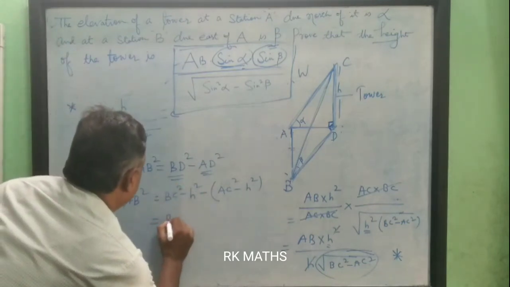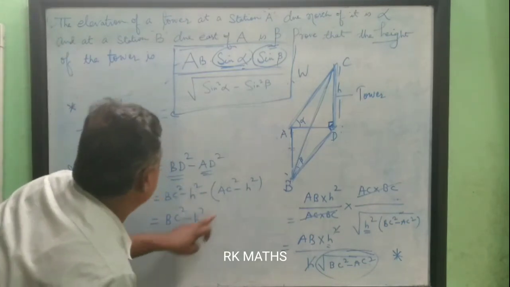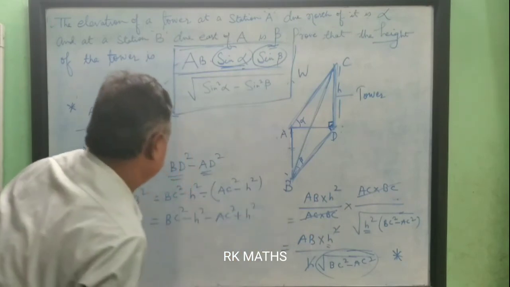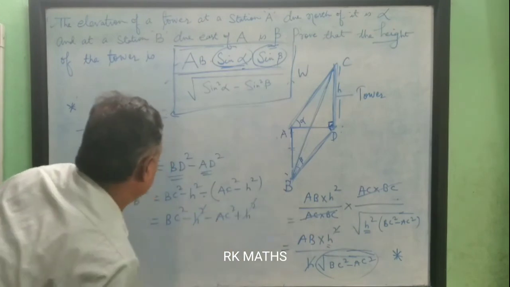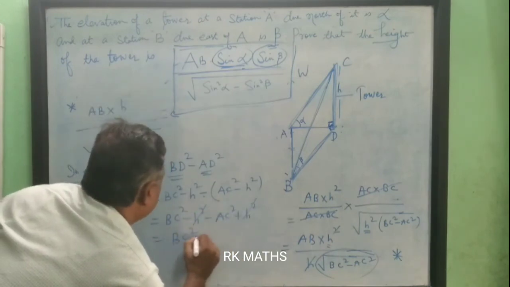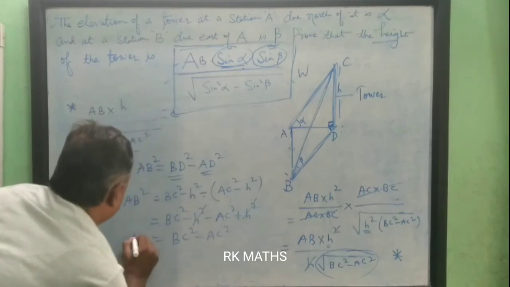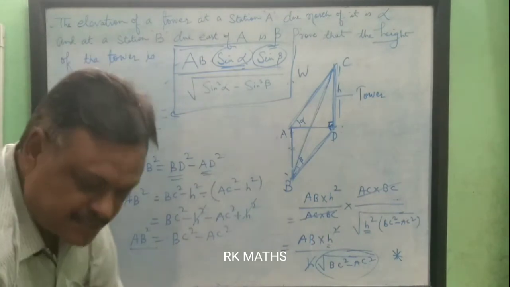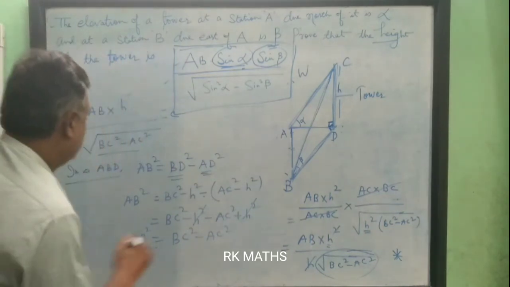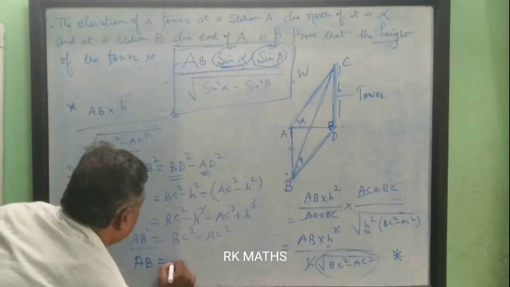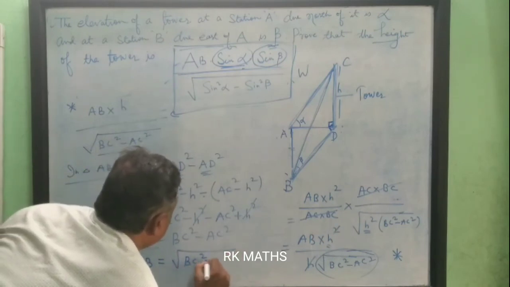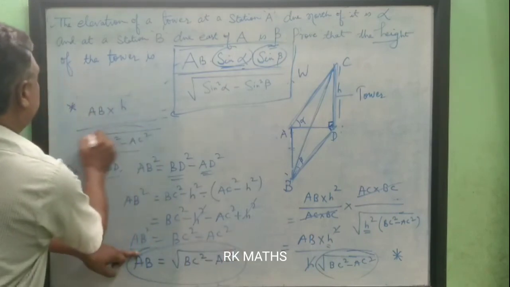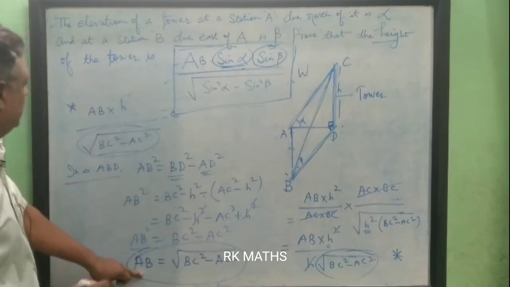So open this, BC square minus H square minus AC square plus H square. So minus H square plus H square cancel. So BC square minus AC square. So AB square is equal to BC square minus AC square. So AB is equal to under root BC square minus AC square, and this value is here, AB.